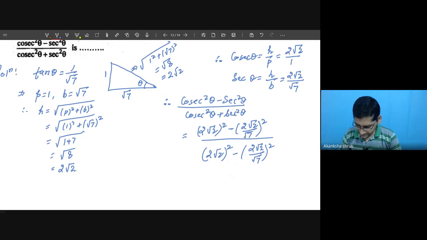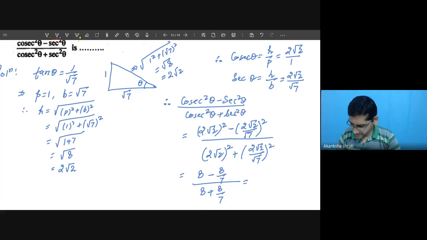So while simplifying, what we are going to get in numerator, 2 root 2 means it is 8 minus 8 by 7 divided by 8, it is our plus 8 by 7. So this becomes equal to, take the LCM, 7, then 8 into 7, 56 minus 8 divided by 8 into 7, 56 plus 8 divided by 7.